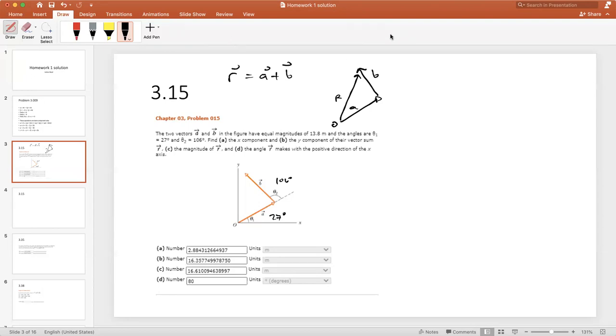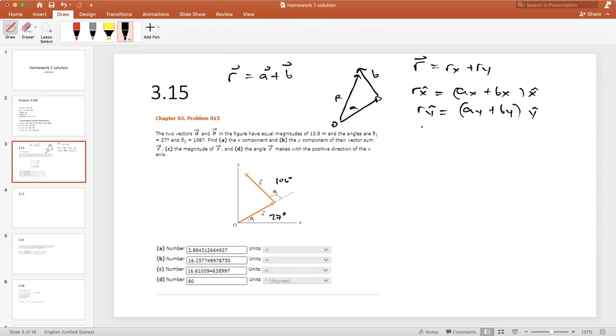However, since R is Rx plus Ry, you need to find Rx and Ry. Rx is going to be Ax plus Bx, and Ry is going to be Ay plus By. If we want to make these hats, sure: x hat and y hat, but we shorthand write it Rx and Ry.